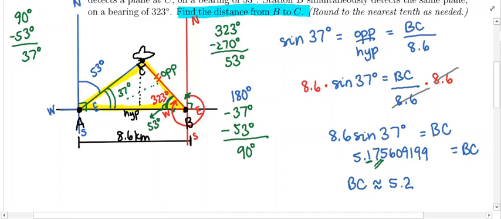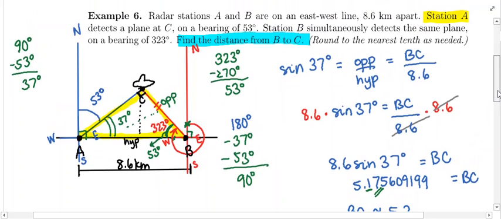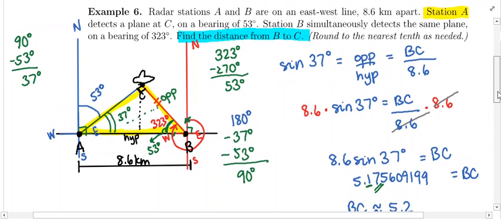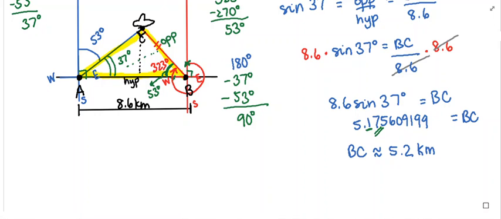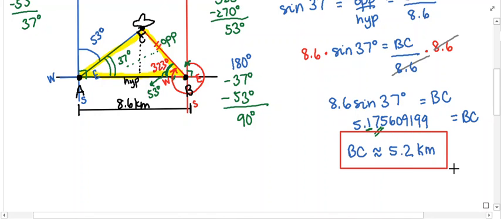Anytime you have an application, you need to include units in your answer. BC is a distance or a length, so it needs to coincide with how length has been measured in this question. It has been measured in kilometers. So the length between B and C is approximately 5.2 kilometers.